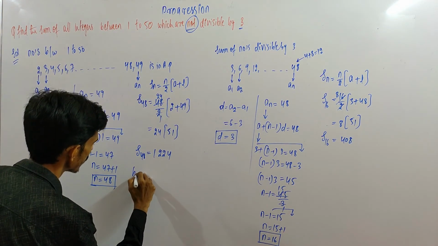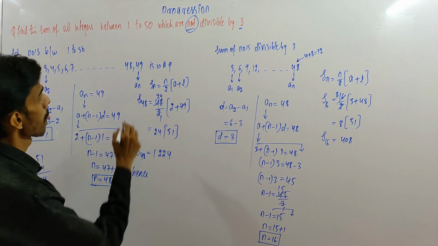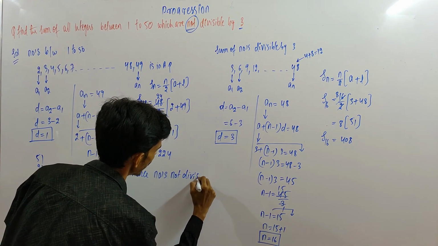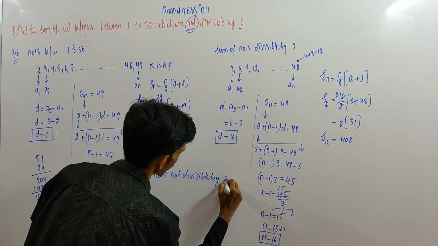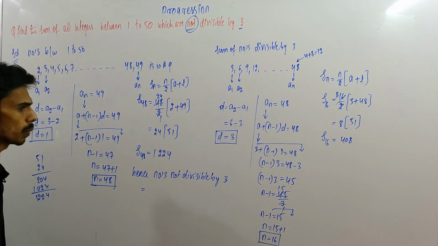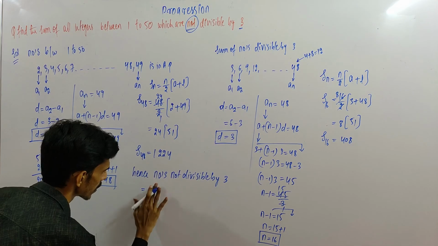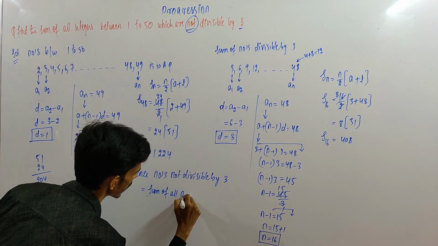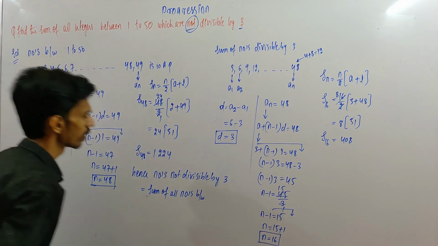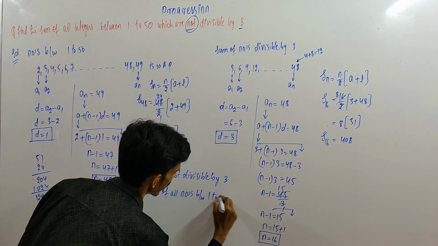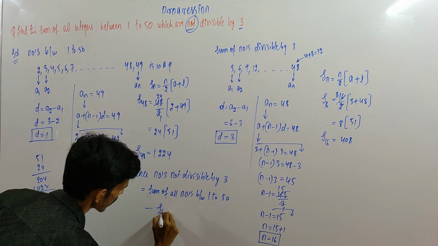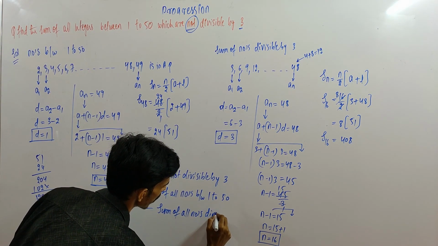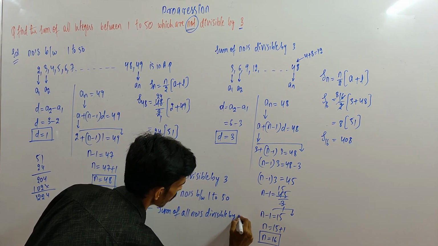So the sum of numbers not divisible by 3 is equal to the sum of all numbers between 1 to 50 minus the sum of all numbers divisible by 3.